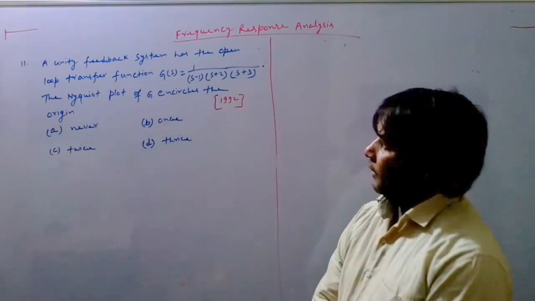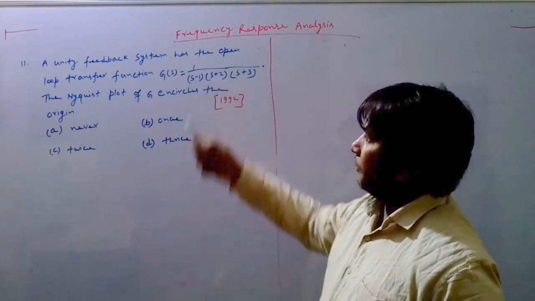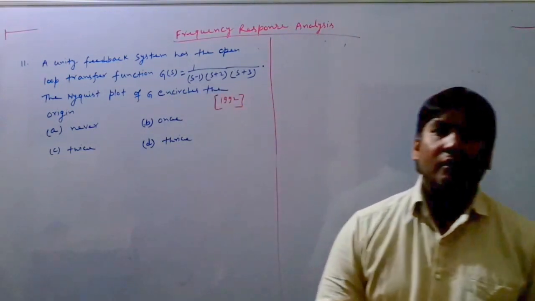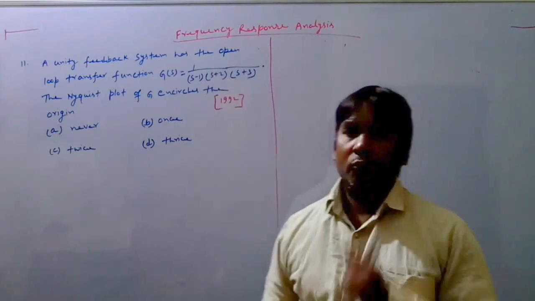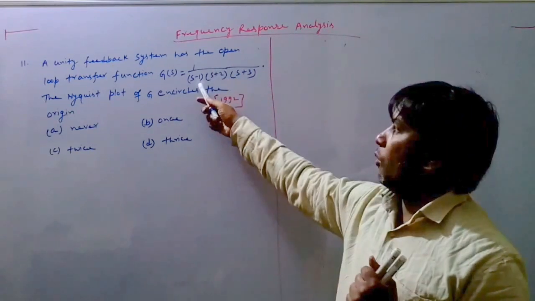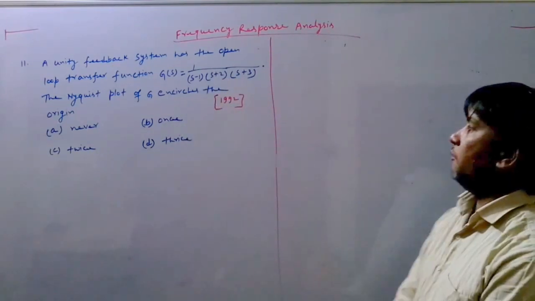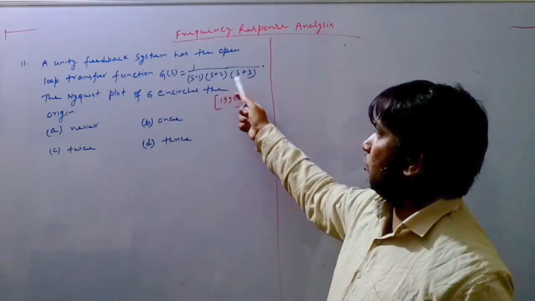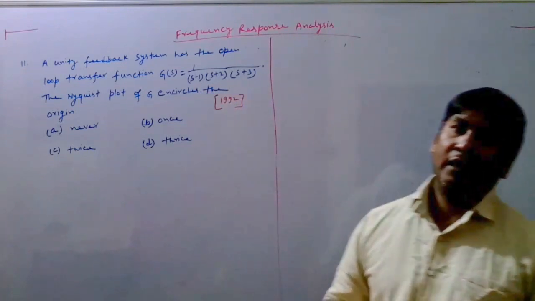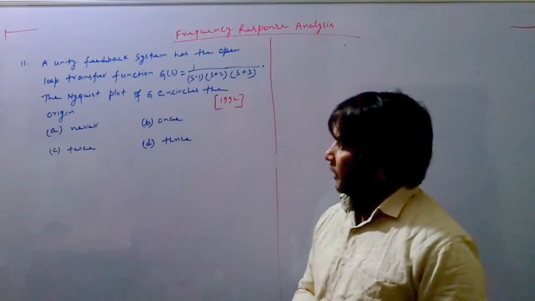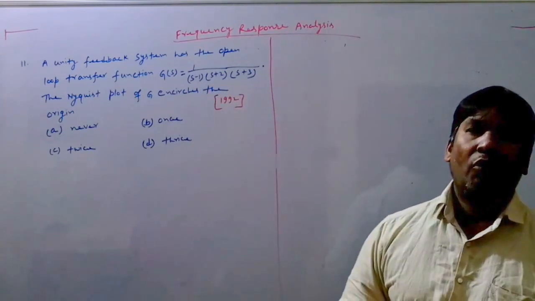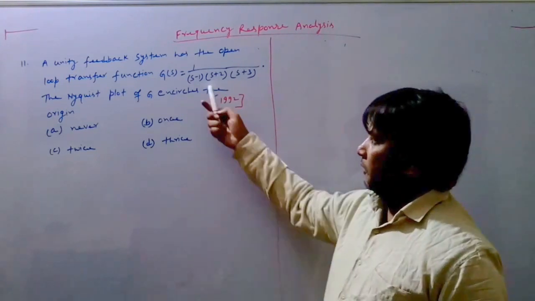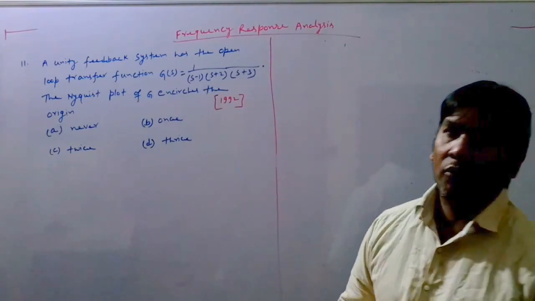So G has no zero. It has only one pole in the right half of the s plane, because the other two poles are in the left half of the s plane. So let me see whether this closed loop system is stable or not.